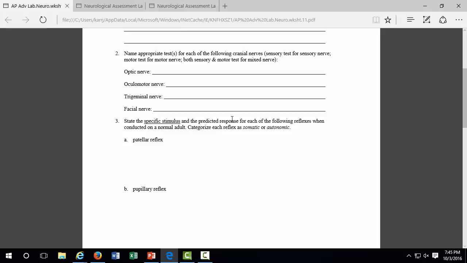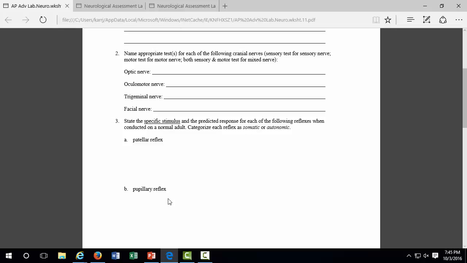And what is the response? Yeah, kicking the lower leg out. Yep. Or contraction of the quadriceps. And then is that a somatic or autonomic reflex? Somatic, because it's skeletal muscle that's responding, right? It's a voluntary muscle that is the effector organ. What's responding is the kicking out of that skeletal muscle.